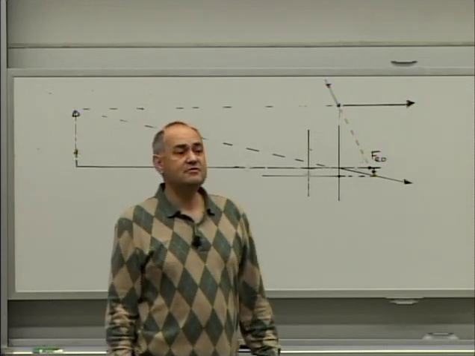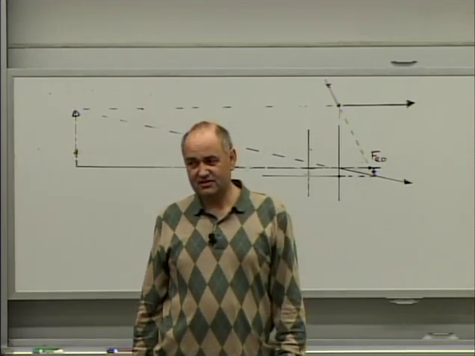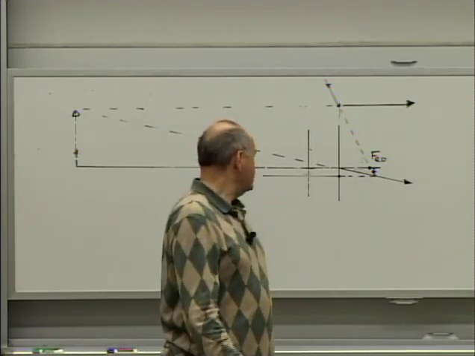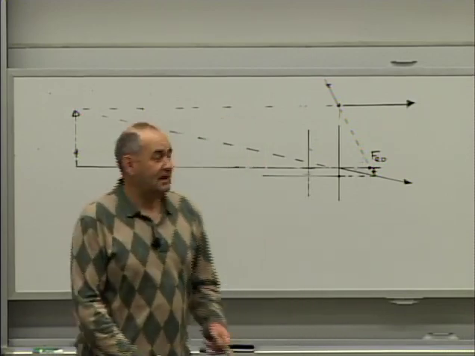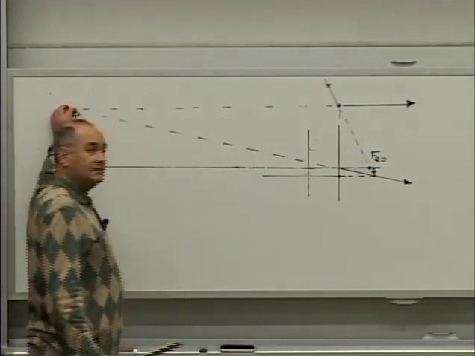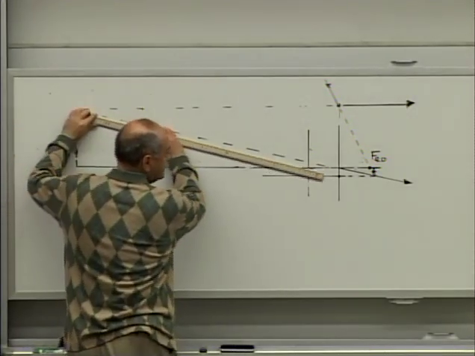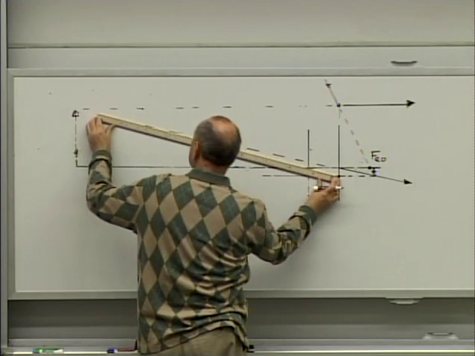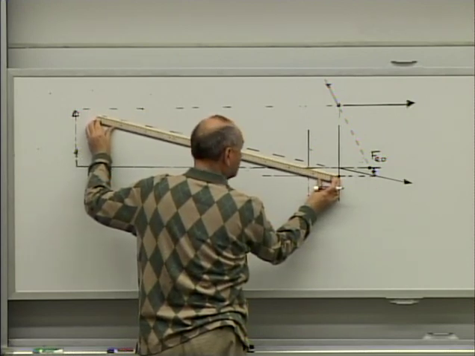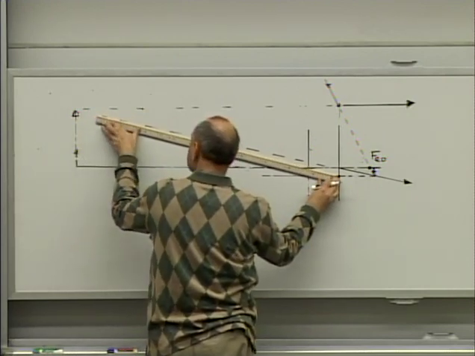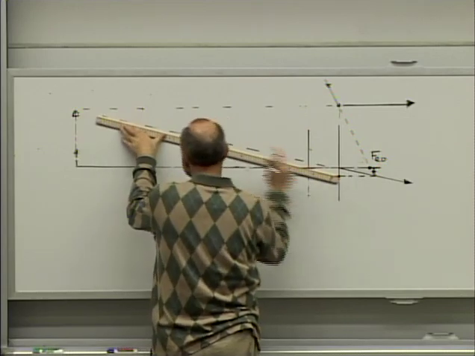And it is going to be refracted in such a way that either the ray or its extension will have to pass through the image. And so it will be its extension.